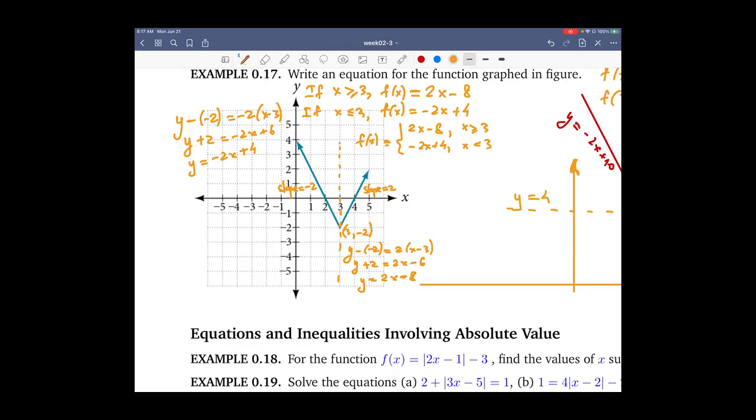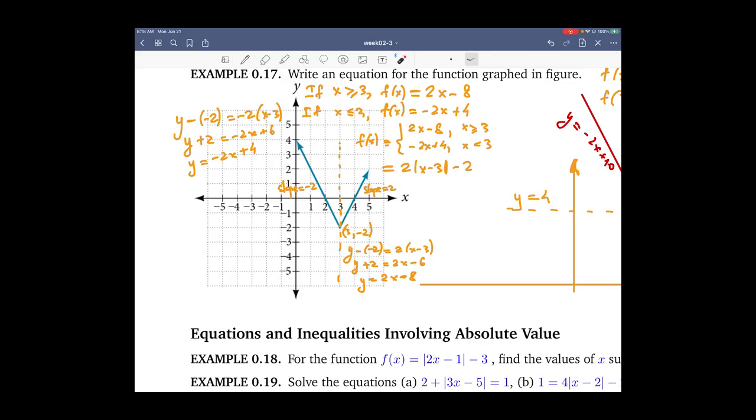It's also worth noting that you can actually write this function using the absolute value form, because this is nothing but the graph of the function 2 times absolute value of x minus 3, minus 2. You can easily check that.